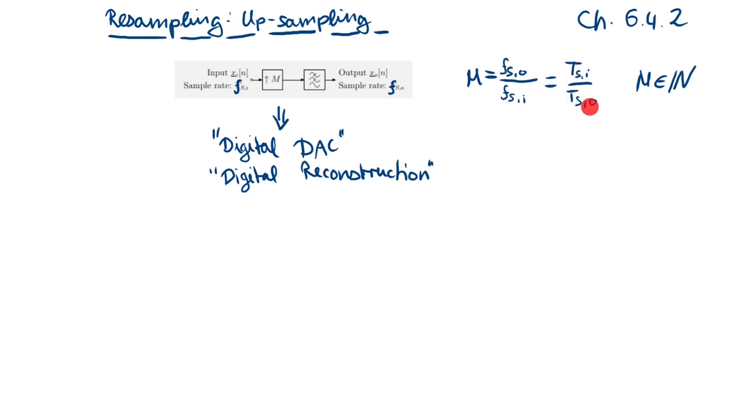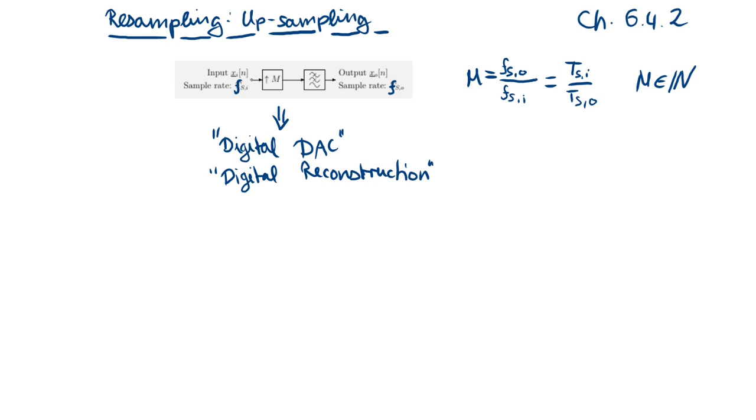So mind that the output sample period is then here in the denominator. And M is again a natural number, a positive natural number. So our interpolation factor is always an integer value.